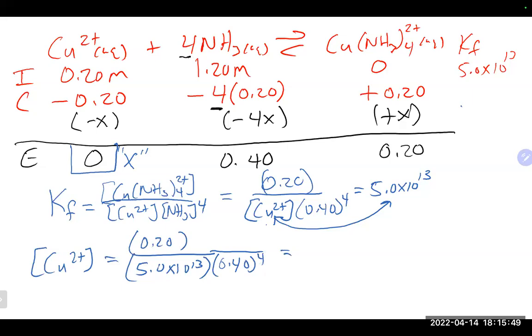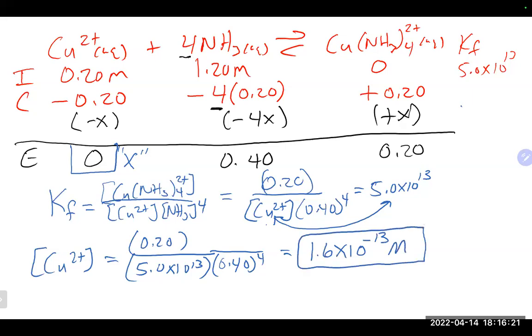If we do that here, we end up with a copper concentration at equilibrium of 1.6 times 10 to the minus 13, and this would be molar in this case.